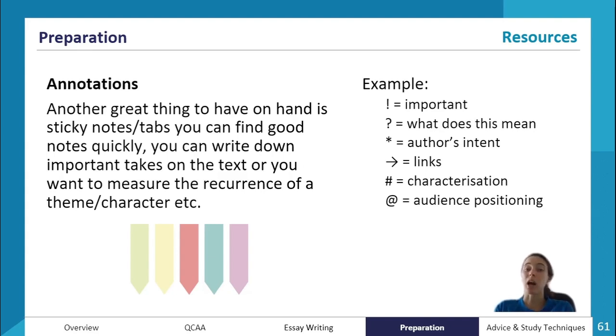You could be doing color coding, or using symbols: an exclamation mark for things that are important, a question mark for things you're unsure about in terms of their meaning, and an arrow to represent links between ideas. So coming up with a system that makes sense for you is a great idea. And again, it doesn't have to make sense to other people. It's about you and what works for you.